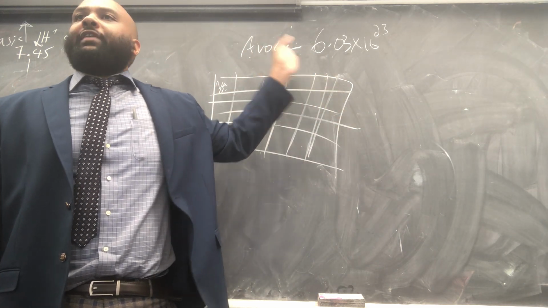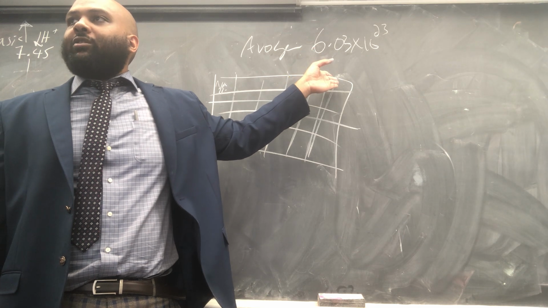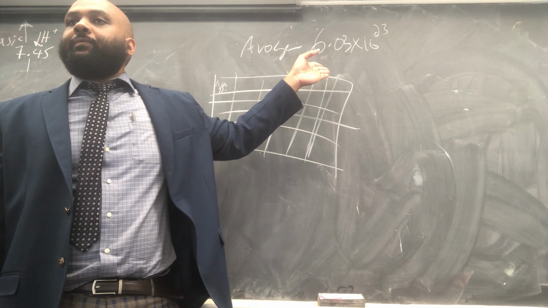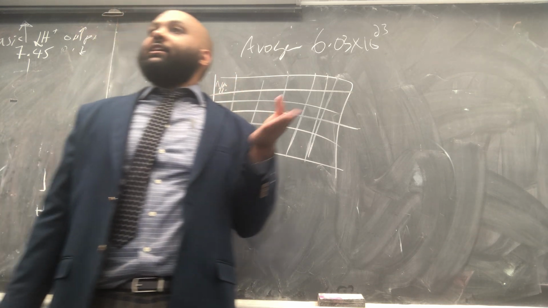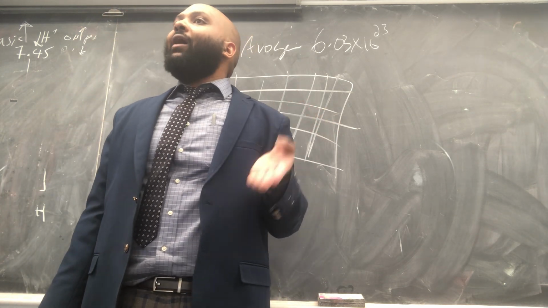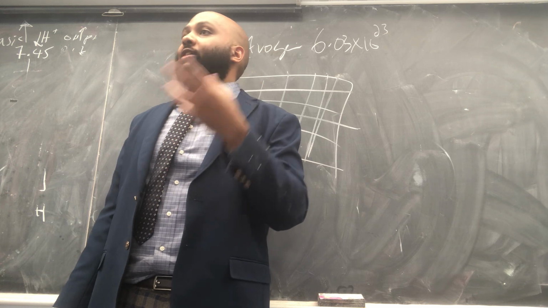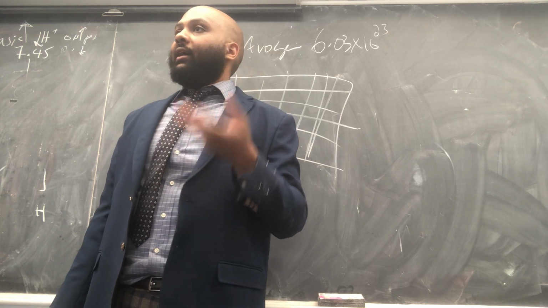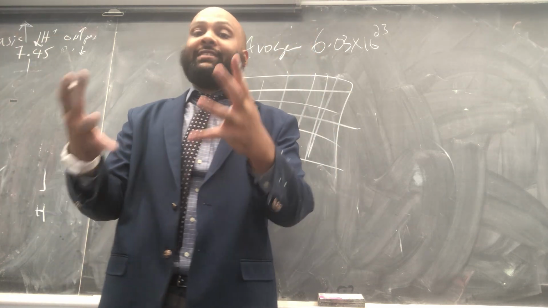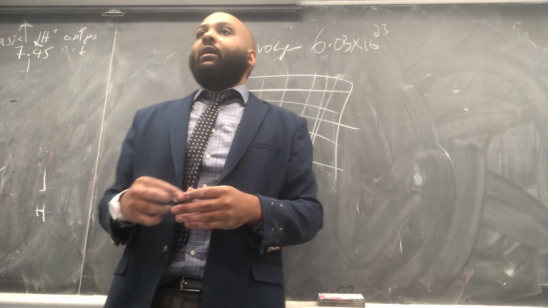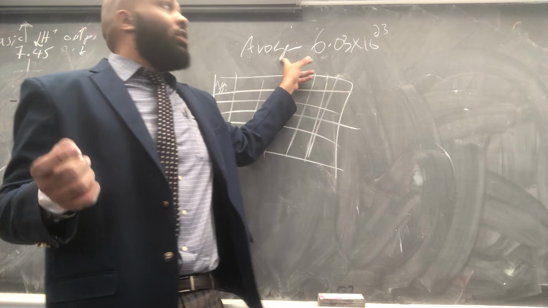I don't think the whole earth has Avogadro's number worth of eggs. Is that point clear? How are these weights in your periodic table gotten? They collected a mole worth, which is Avogadro's number.